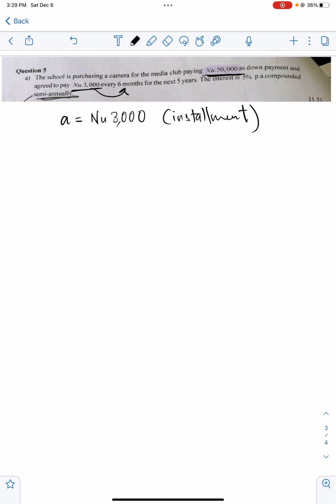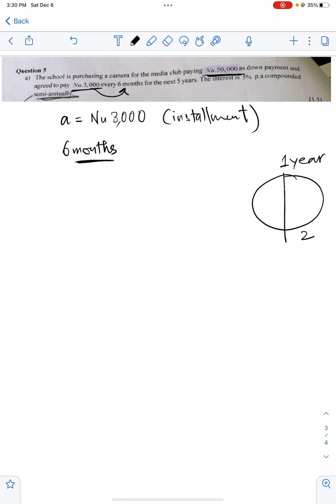Then every 6 months. So every 6 months means, because it's talking about a month, in 1 year we have 12 months. If we divide the 12 months into 6 months, that means you are paying 2 times in a year.